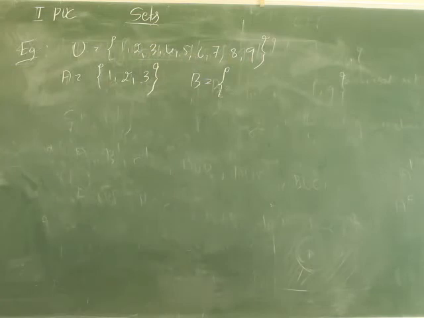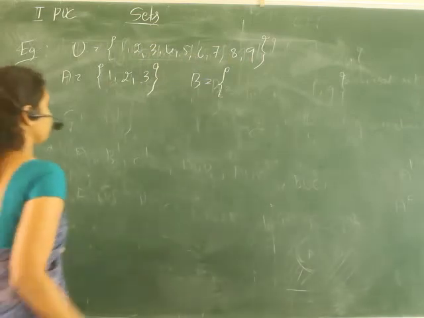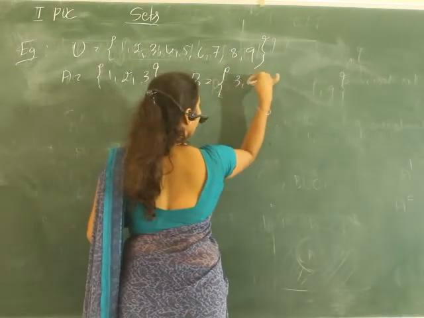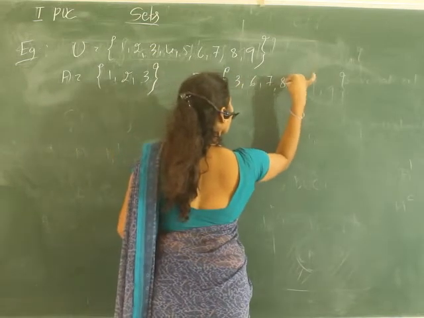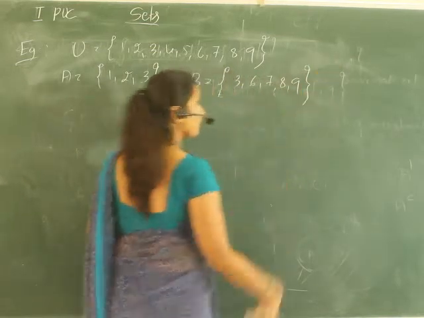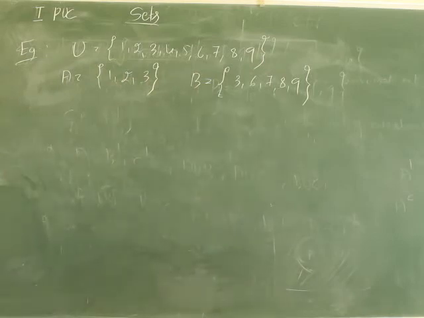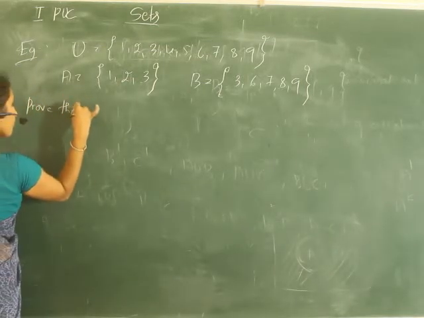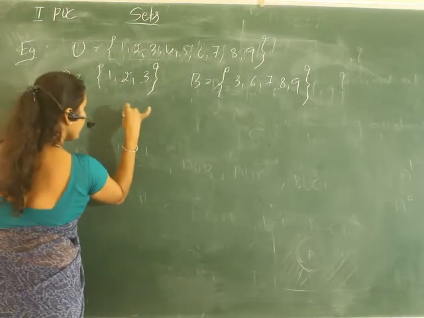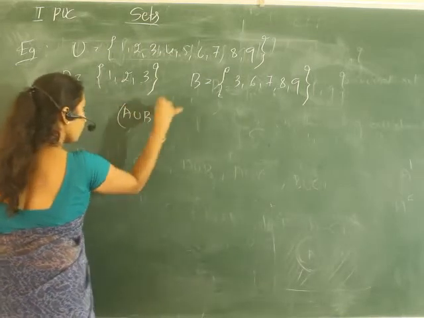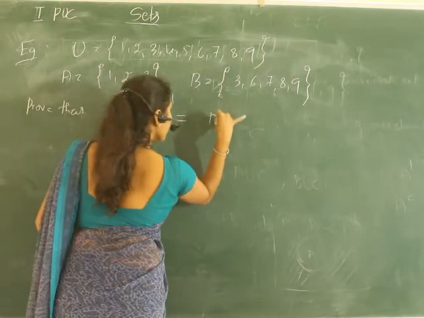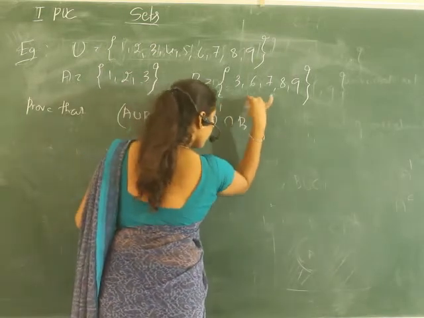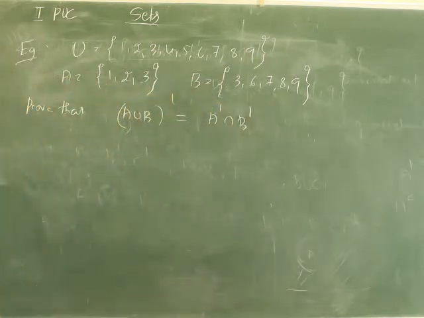B is equal to 3, 6, 7, 8, 9. So this is the example I have taken. Now you have to calculate or prove that A union B whole complement is equal to A complement intersection B complement.